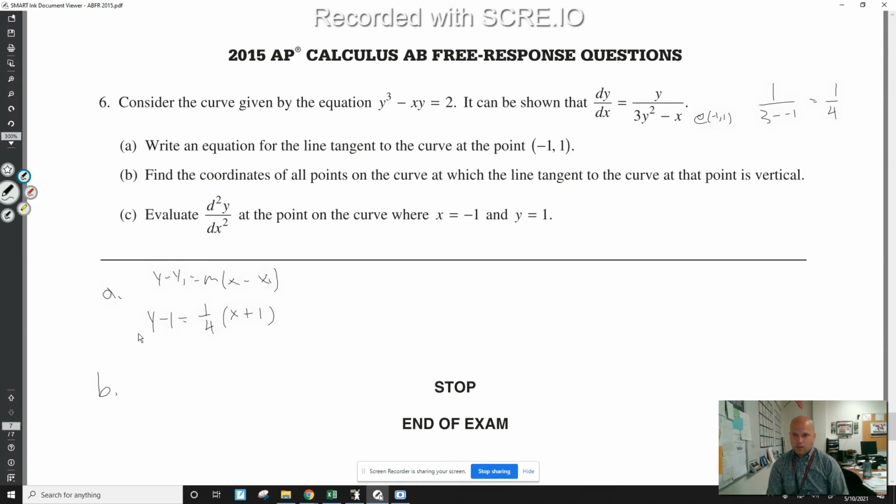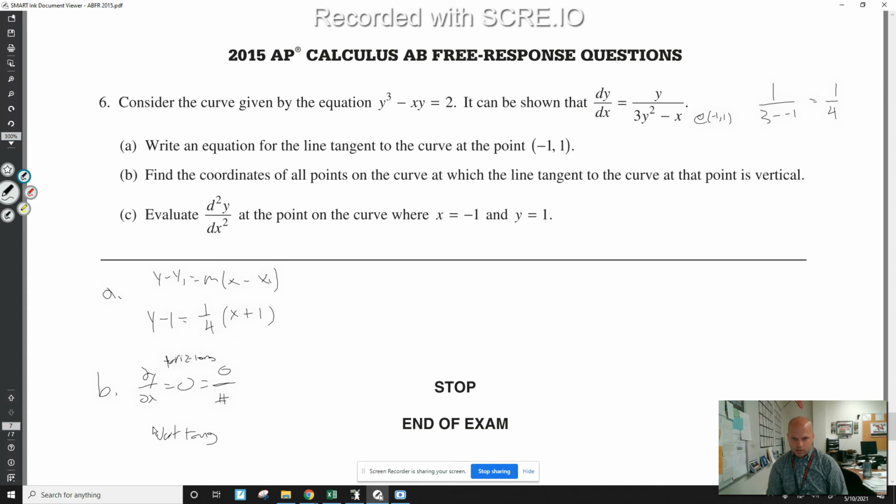Part B. Find the coordinates of all points on the curve at which the tangent line is vertical. All right, let's remember. Horizontal tangents occur when the derivative is 0. If you have a fraction, all you need is a 0 in the numerator to get a 0.